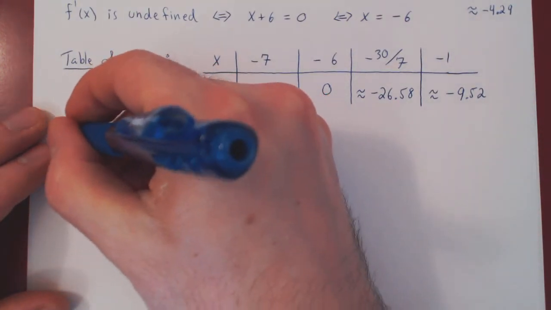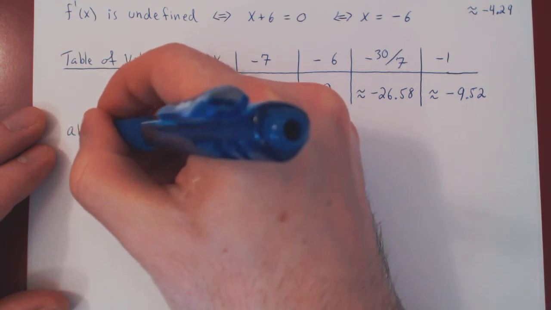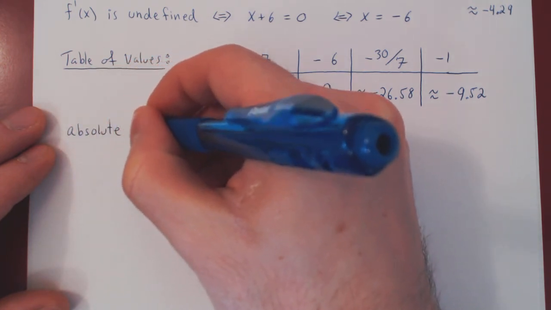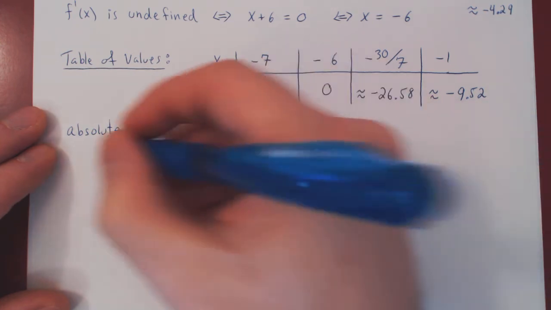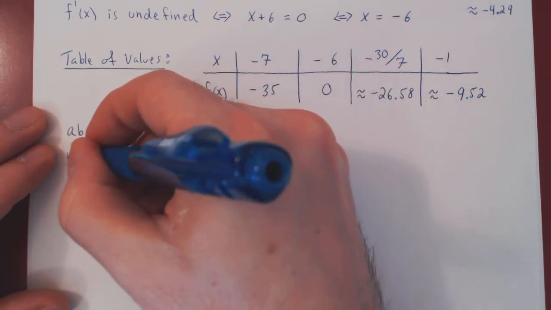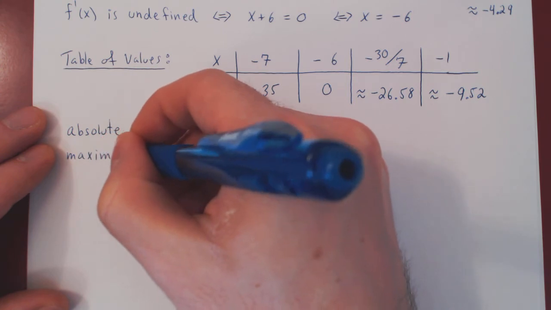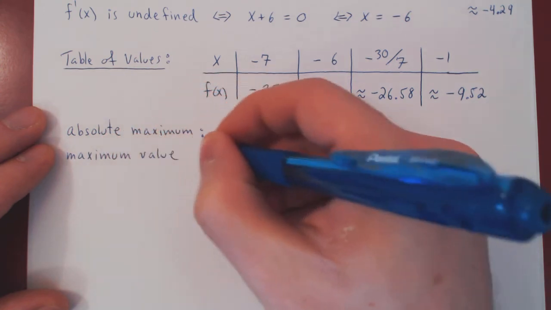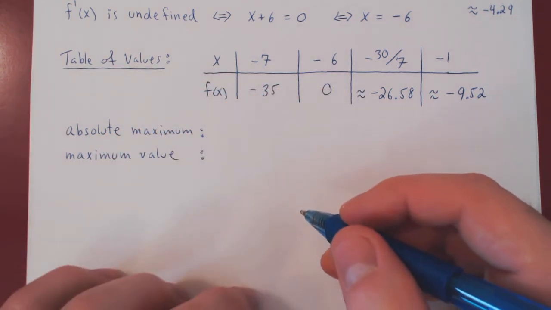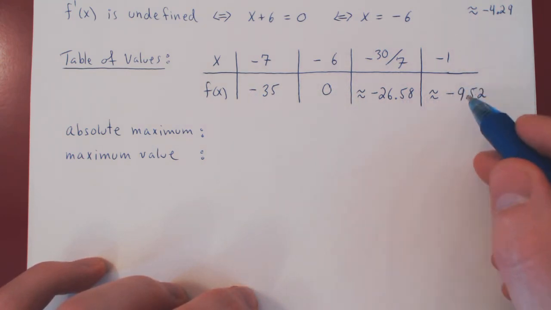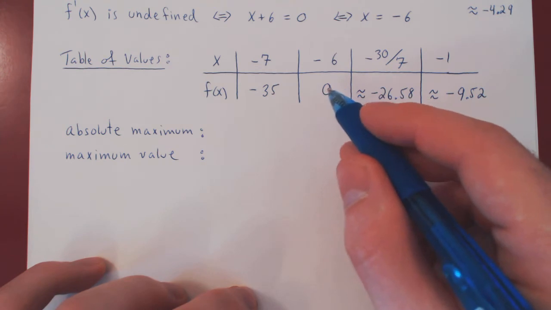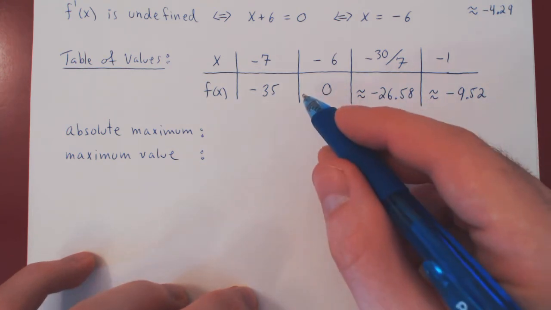And now we can write our conclusion. What is our absolute maximum, and the corresponding maximum value? Well, let's see. The largest value of y is 0, as the other three values are negative.